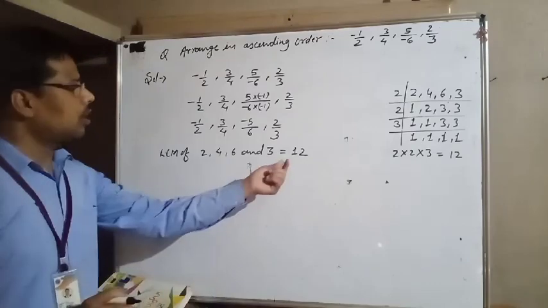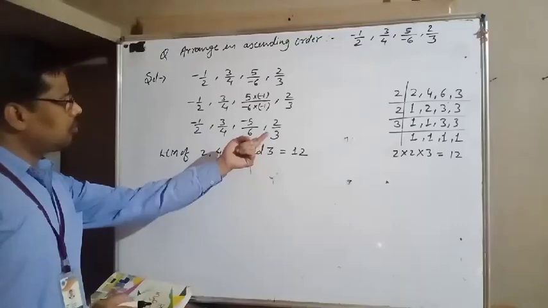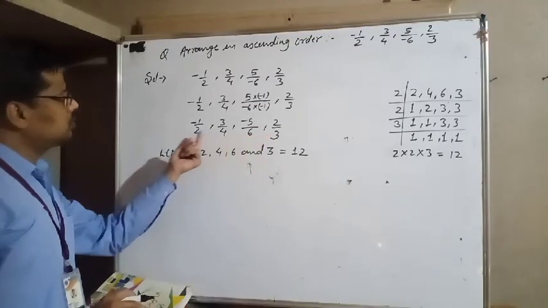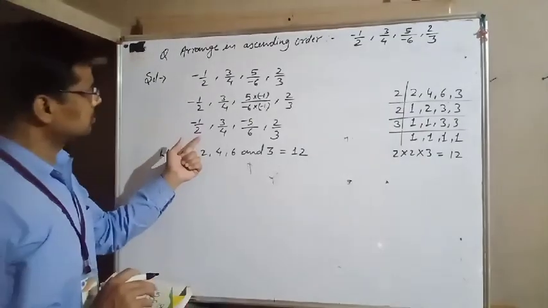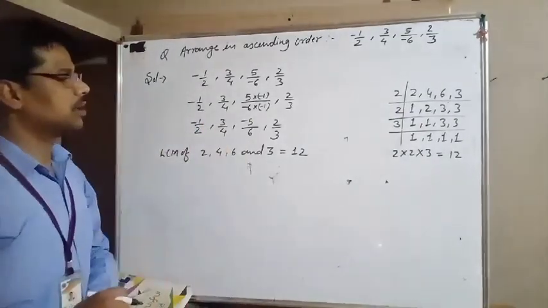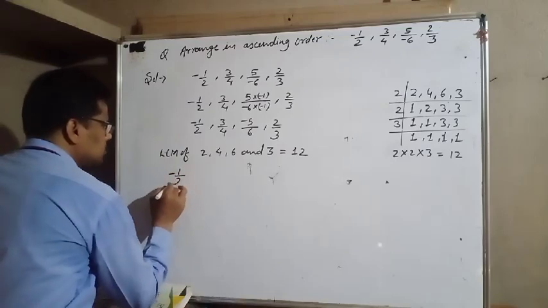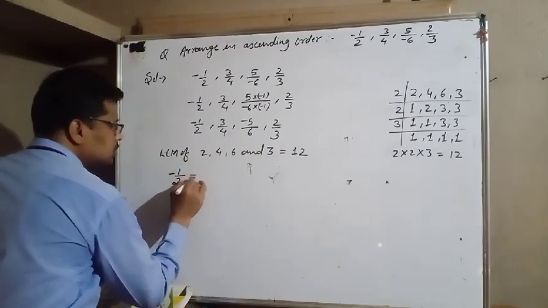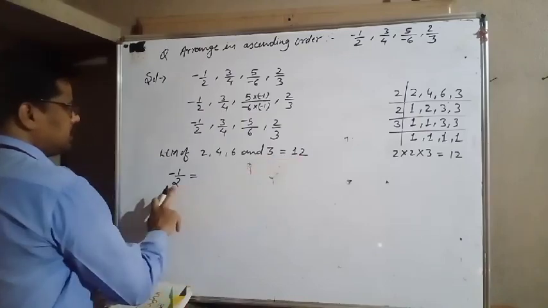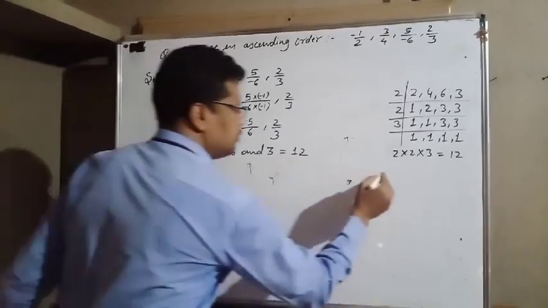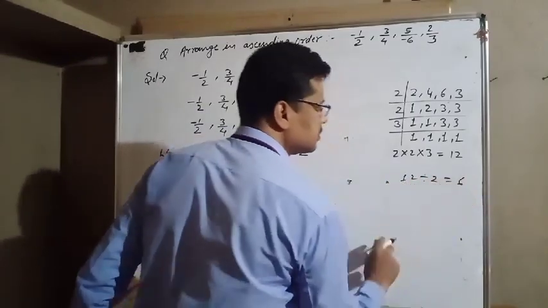After getting the LCM 12, we can say that the common denominator of all these four rational numbers will be 12. And how can we make 12 the denominator of each? Minus 1 upon 2 is equal to... When you divide 12 by the denominator 2, you get 6.